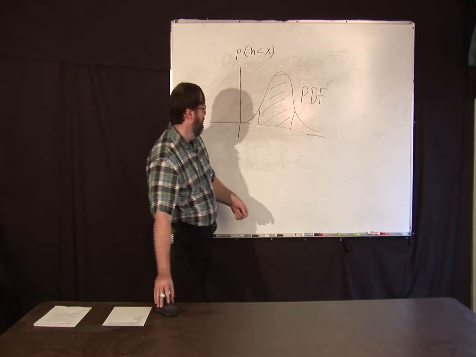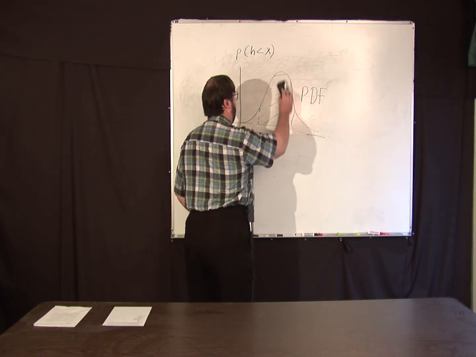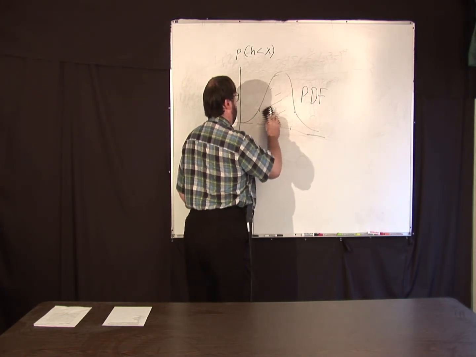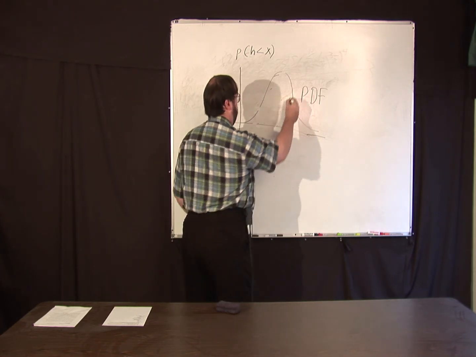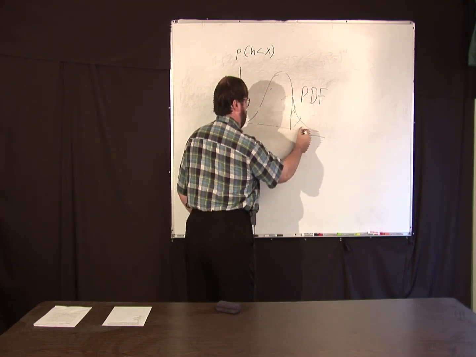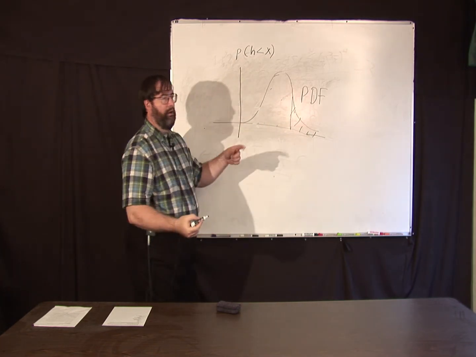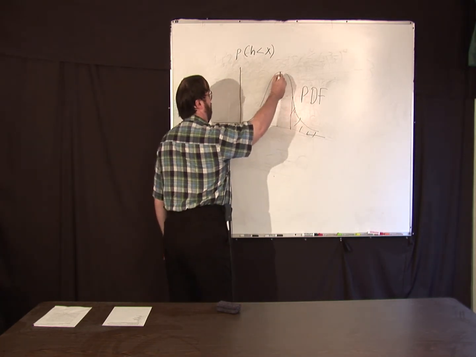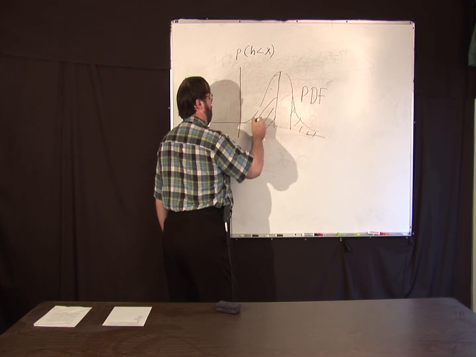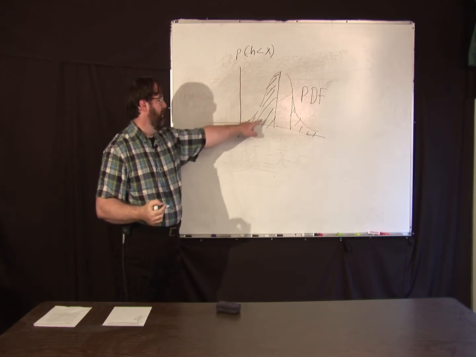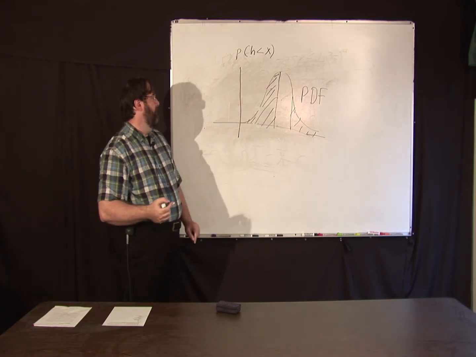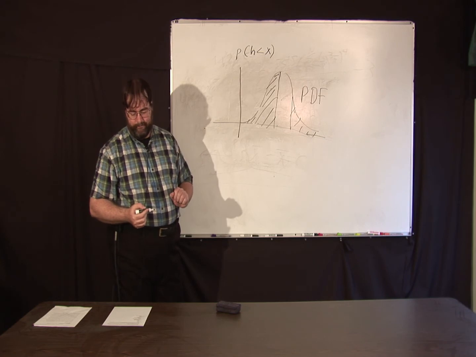If you wanted to know the probability of somebody being taller than a certain value, you pick that value and you integrate over here. If you wanted the probability of somebody being shorter than the mean value, I don't think you need to do any calculations at all, well, maybe you do. That'll tell you by taking this area here. That's a probability density function.